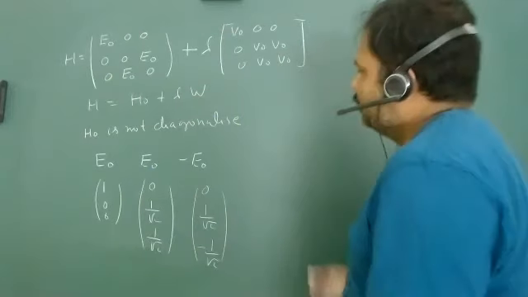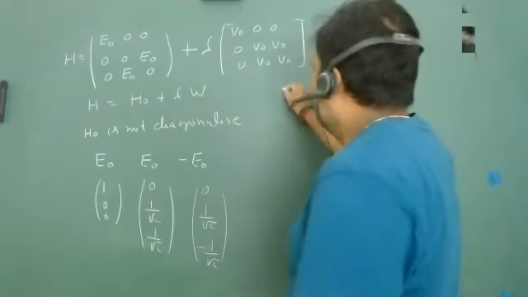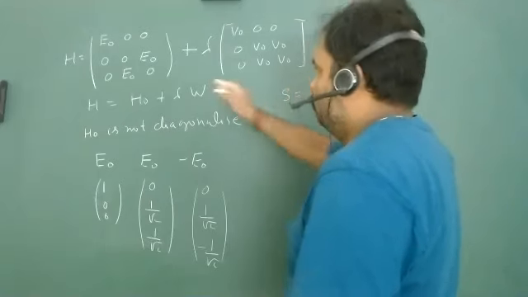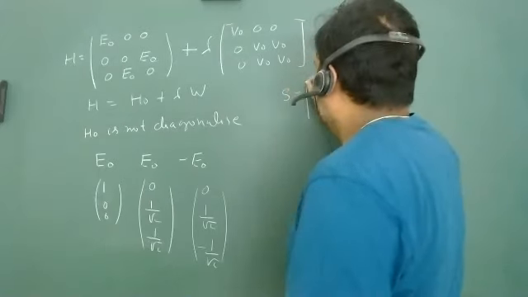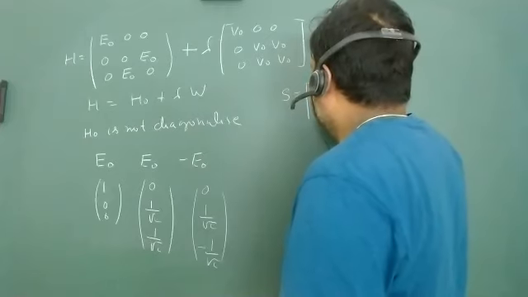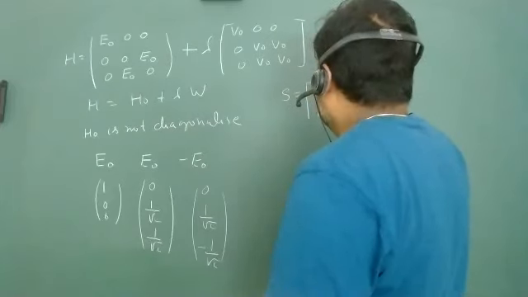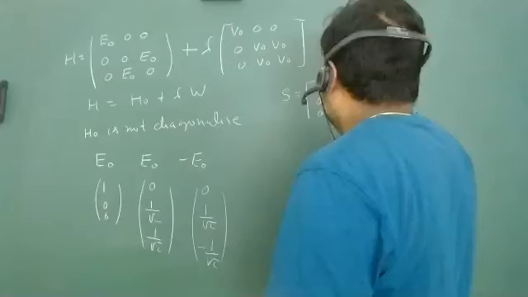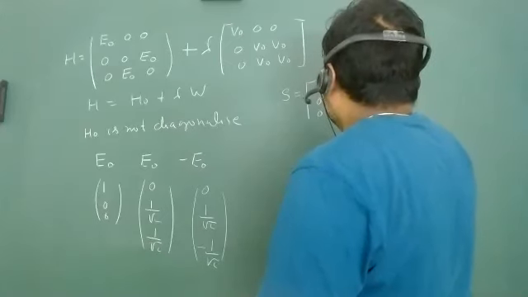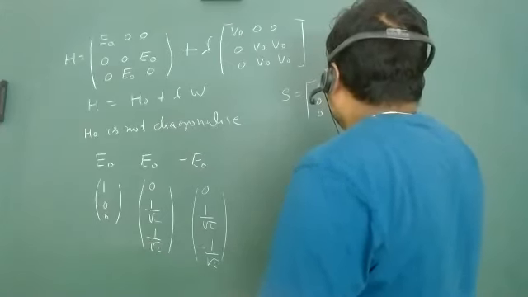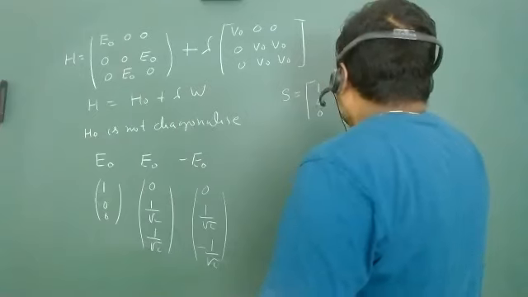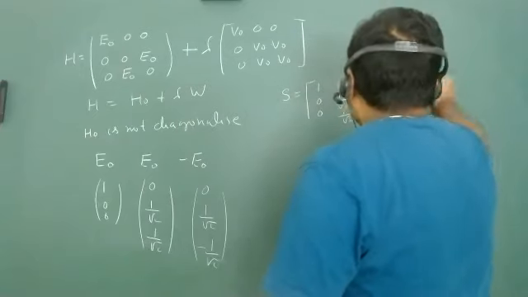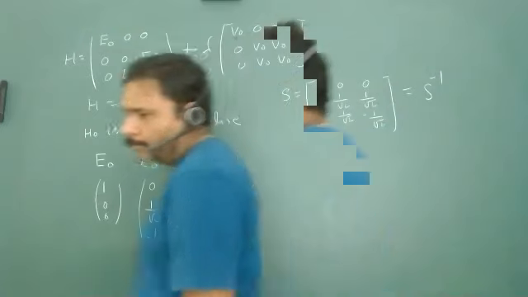So can you please tell me what should be my S matrix? We have to diagonalize it. So I will define my S matrix as 1, 0, 0; 0, 1 by root 2, 1 by root 2; 0, 1 by root 2, minus 1 by root 2. And you will also get this is my S inverse.